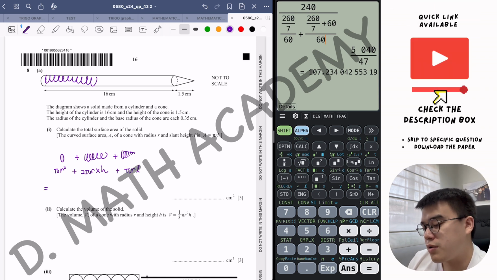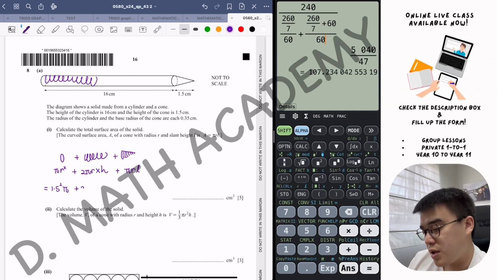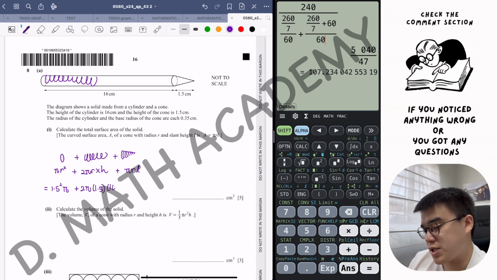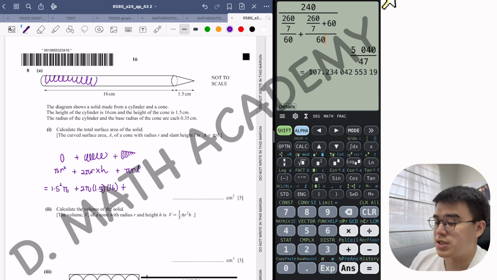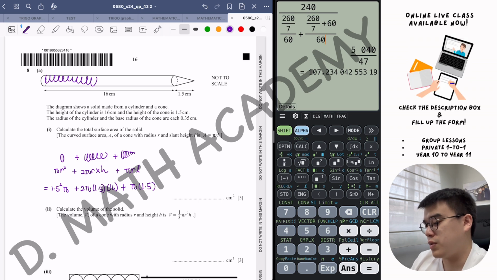But the problem now is we have the r as 1.5 squared pi. This one is fine, 2 pi times 1.5 and the h is 16. And the only key catch here that I think we must get done will be pi at 1.5 and the l, which is the slanted part.